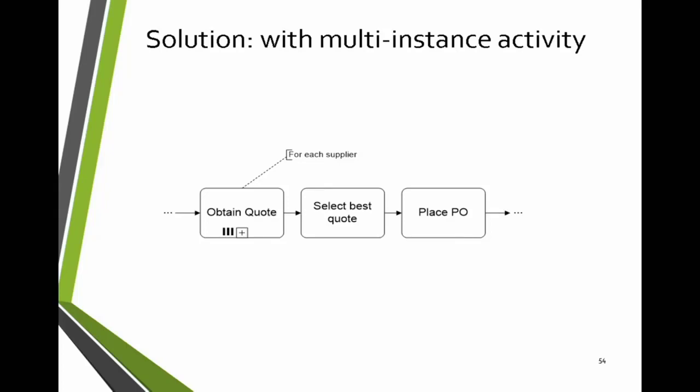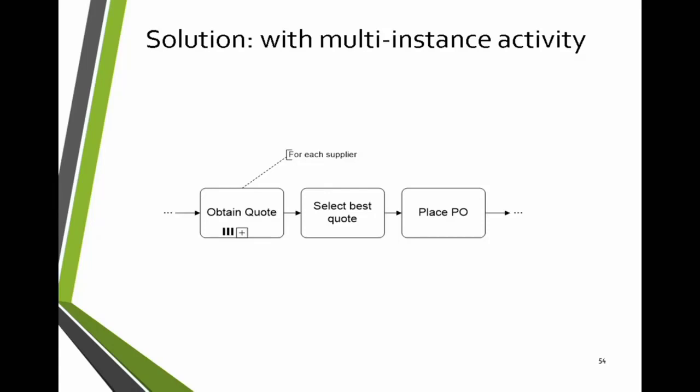So if I have a task and I model it like this, instead of vertically, I put these bars horizontally. It's also a multi-instance task, but it's a sequential multi-instance task, which means that the iterations happen sequentially.